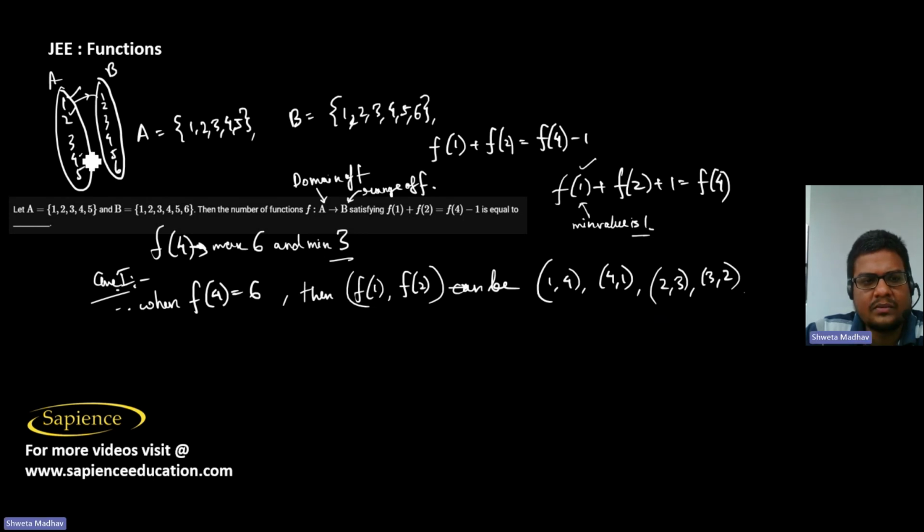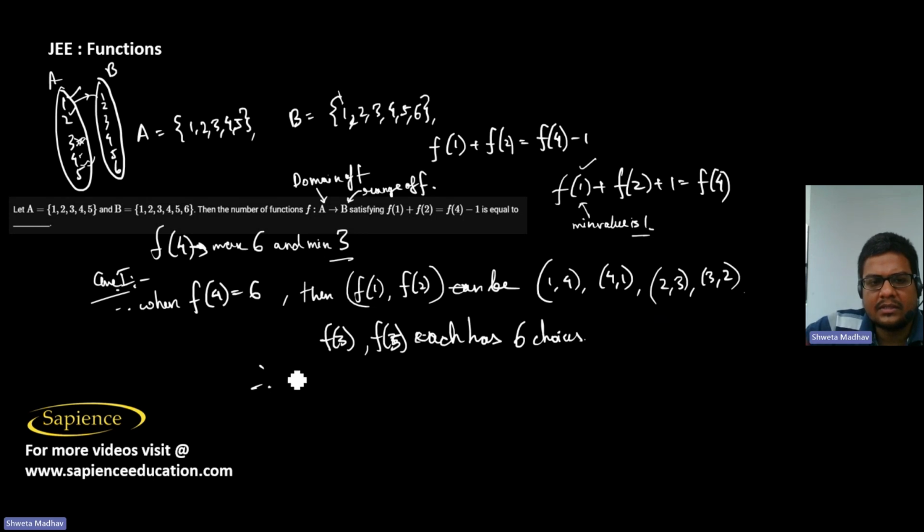So f of 1, f of 2, and f of 4 have some restrictions, but f of 3 and f of 5 have no restrictions. So f of 3 can have any of these 6 choices. So f of 3 and f of 5 each has 6 choices.